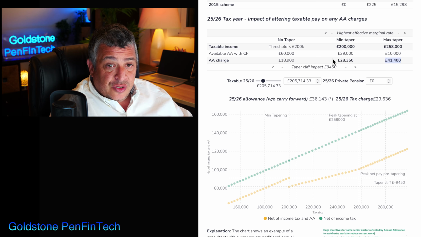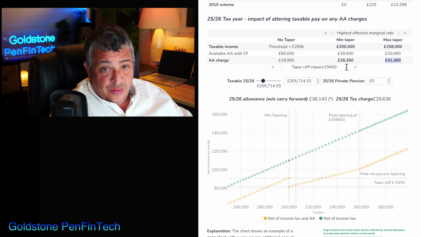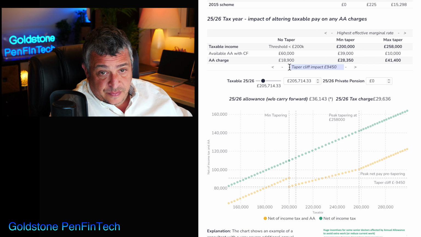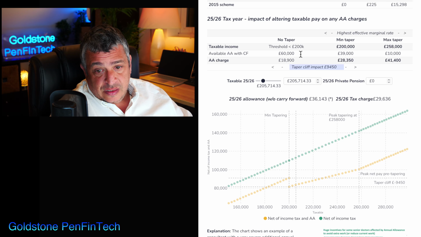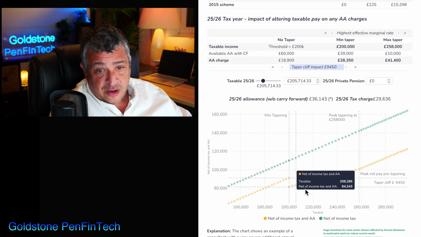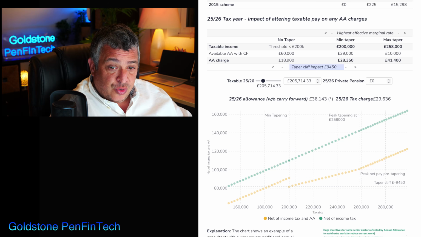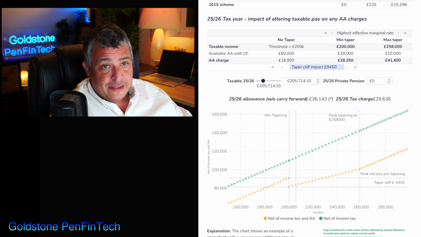But even by just going a penny over the taper with the ridiculous tapered annual allowance, you can see there's a taper cliff impact of 9,450, and that's why it's such a damaging aspect of the pension tax system, because you fall over this cliff edge. But this will show you how to mitigate that.